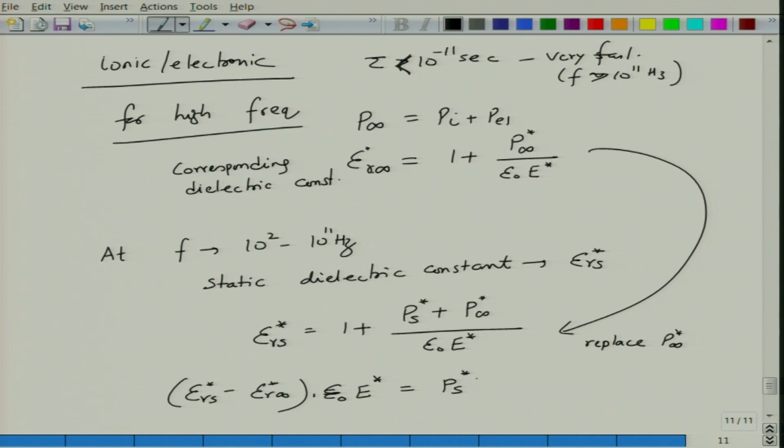So, basically the saturation polarization that you will obtain because of saturation of dipolar polarization is nothing but the difference between the static dielectric constant and high frequency dielectric constant. So, basically delta epsilon multiplied by epsilon naught E. This is expected, right. This is the dipolar contribution that you get. So, this is the saturation you get.